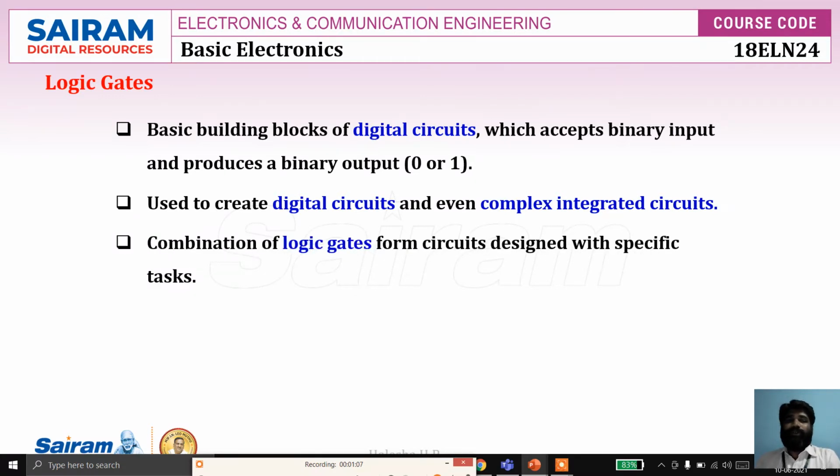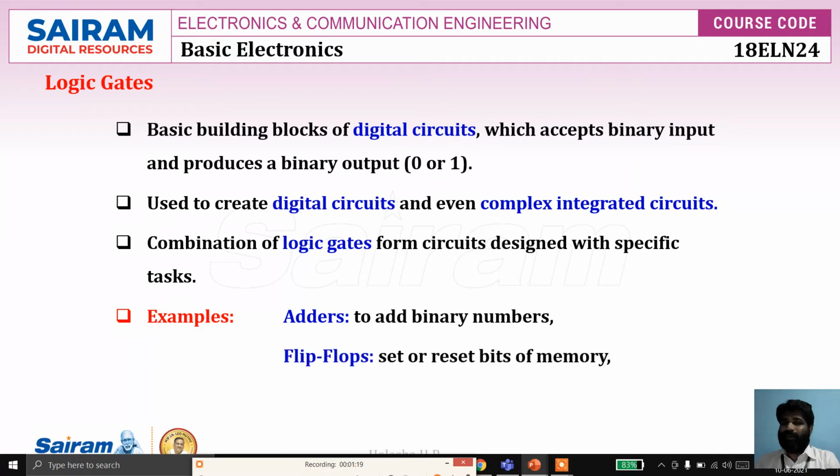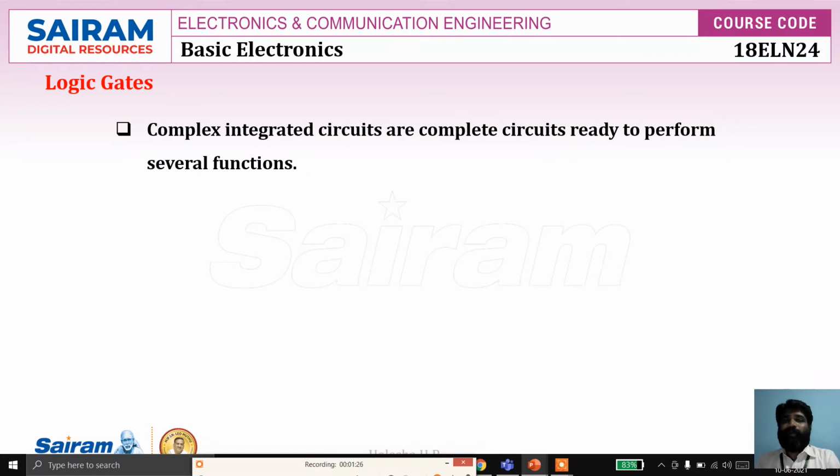A combination of logic gates forms a circuit, and that circuit is designed for a specific task. As examples, adders, to add binary numbers, and flip-flops, to set or reset the memory element. Complex integrated circuits are complete circuits ready to perform several functions. Adders and flip-flops are simple circuits. A complex integrated circuit, like a microprocessor or microcontroller, has a complete circuit ready to perform several functions.